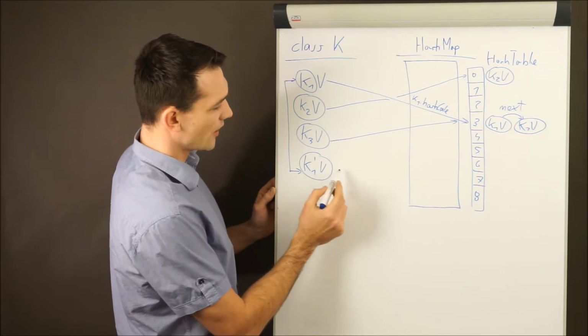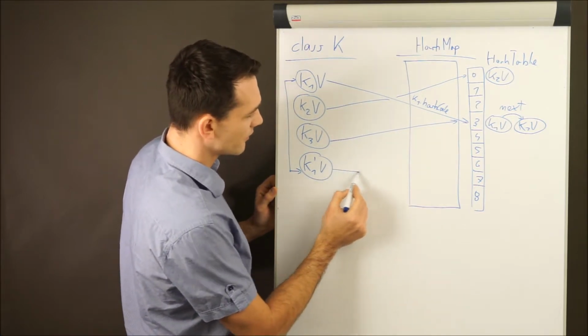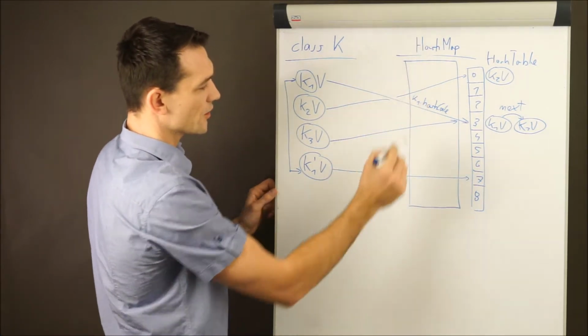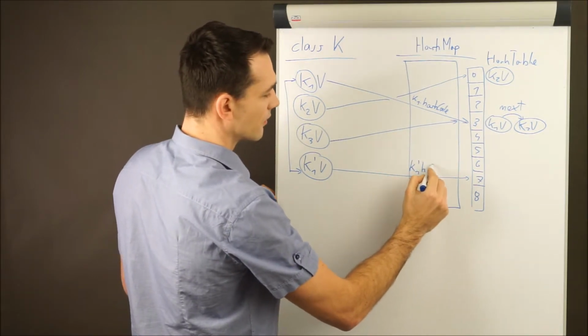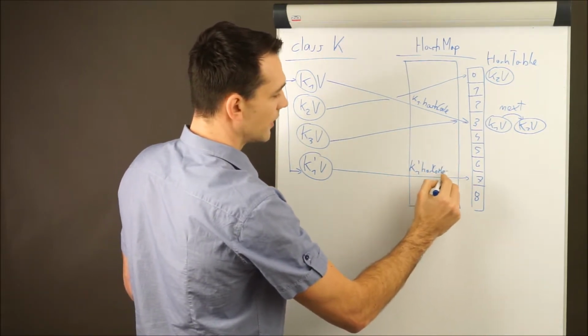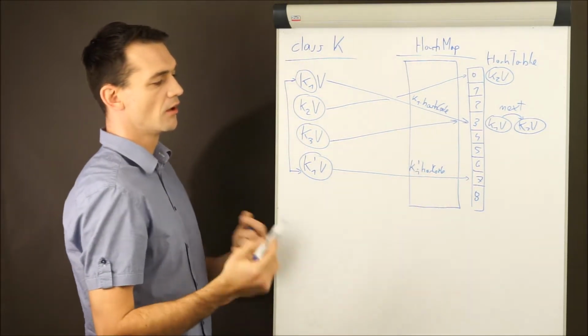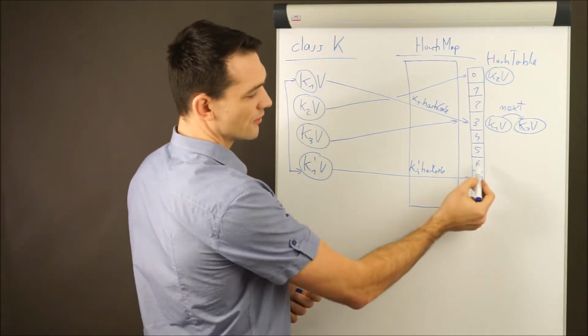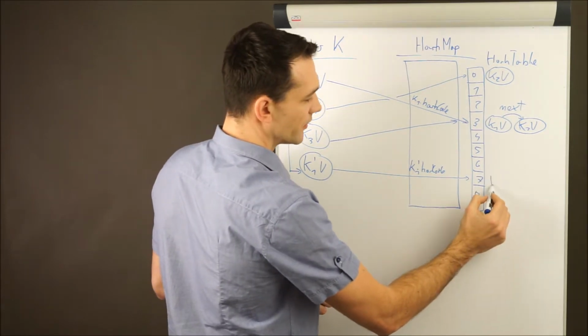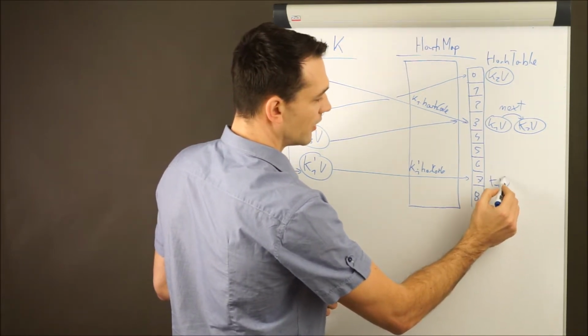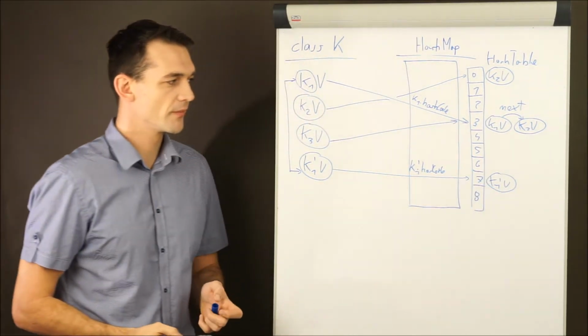So for K1 prime, our HashMap after calculating hashCode will suggest bucket number 7, and here we store K1 prime along with the V value.